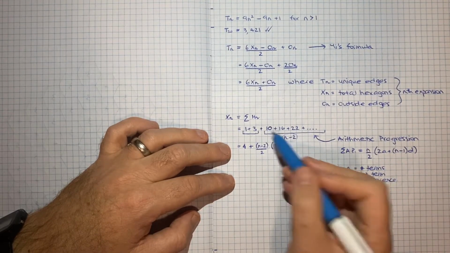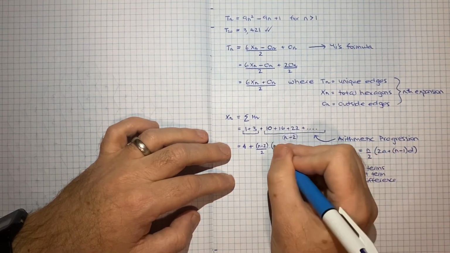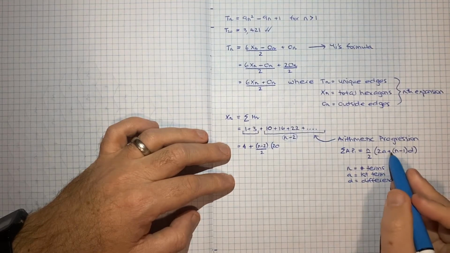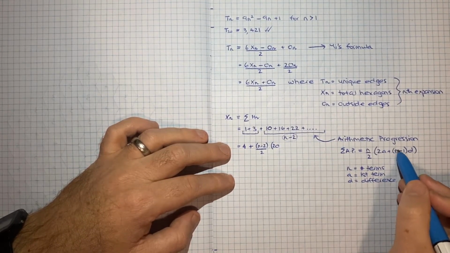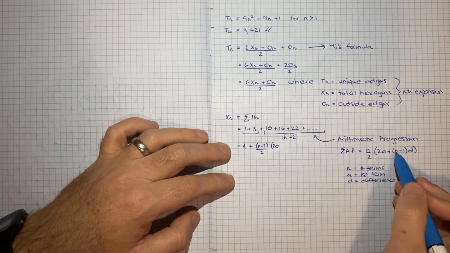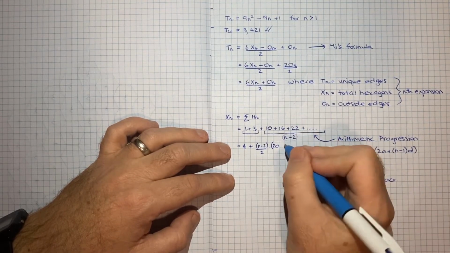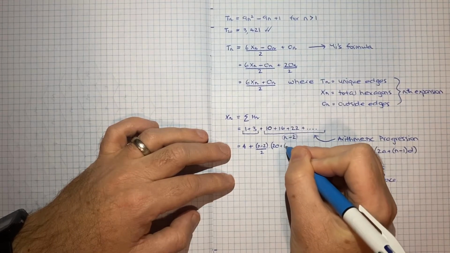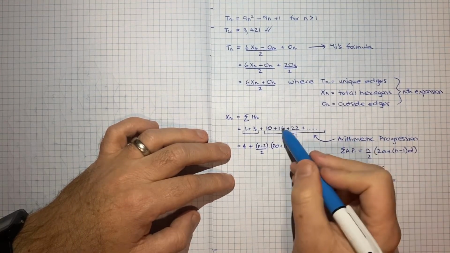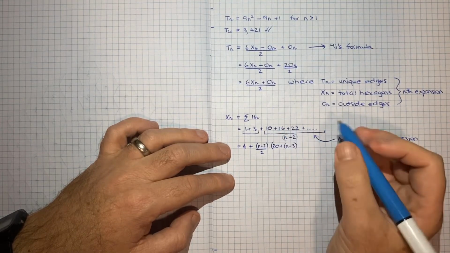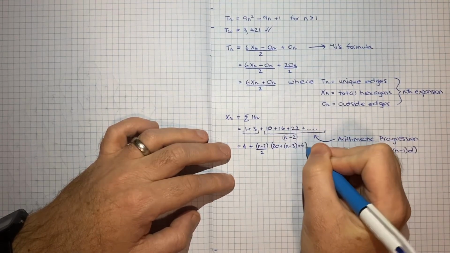Here our first term is 10. So 2 times 10 is 20. Plus n minus 1. Well, in our case, wherever we see n, we put n minus 2. So it will be n minus 2 minus 1, or n minus 3. Times d, where d is the difference, and for us the difference is always 6, so times 6.